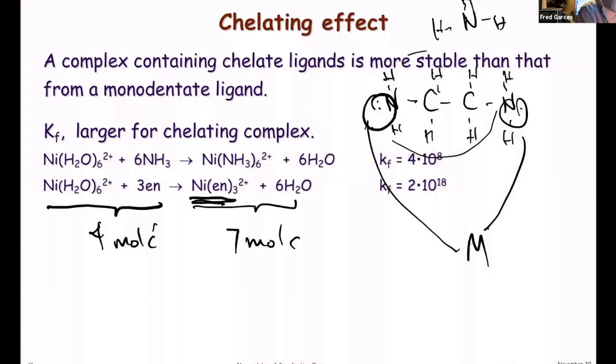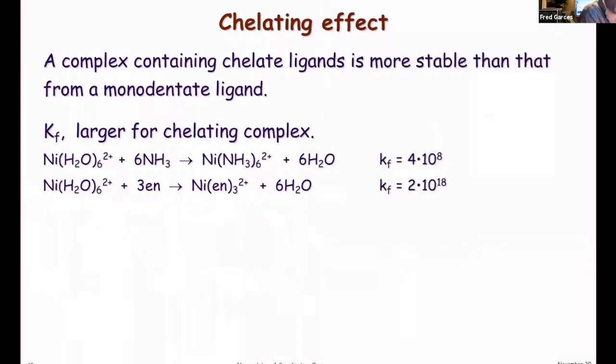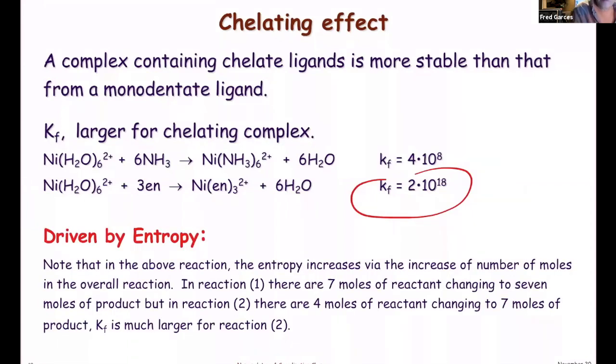So if you take a look at this right here, look at the order of magnitude in the equilibrium constant, 10 to the 18th. Okay, so the driving force for these things to be produced, going back to thermodynamics, is the entropy. What you see here is that it becomes more molecules in the product.